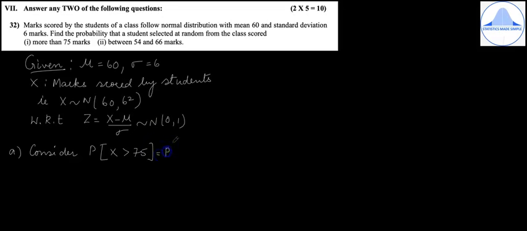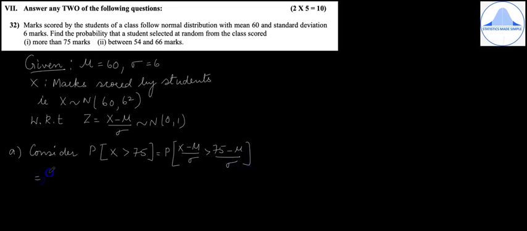Since the statistical tables for the normal distribution area is given in terms of the z, we have to standardize. So standardizing means from x and 75 should subtract mu and divide by sigma. So x minus mu by sigma is greater than 75 minus mu by sigma.